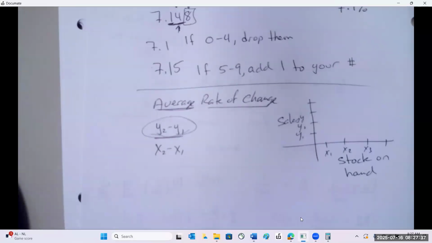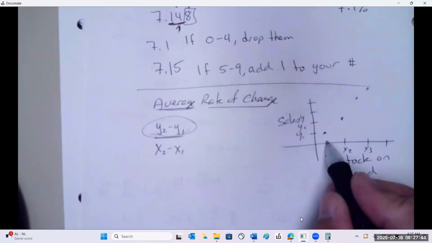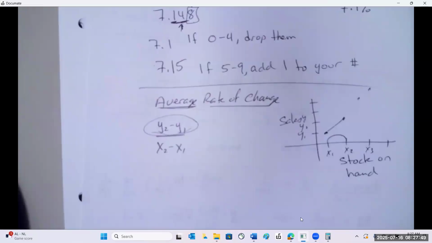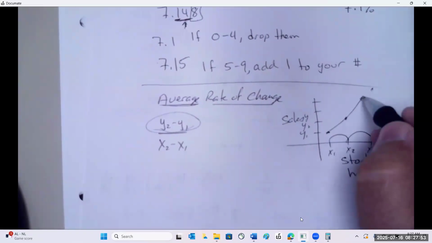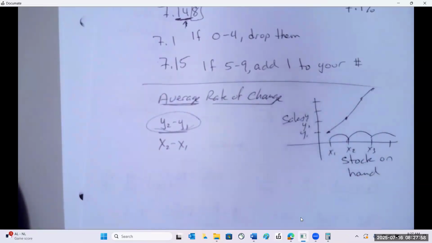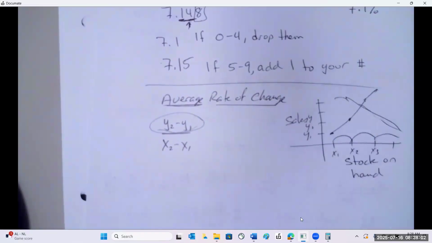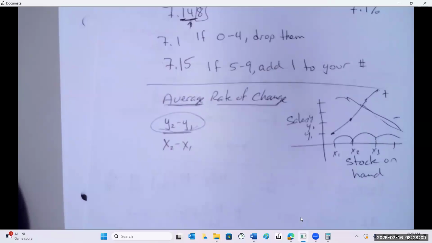The reason we call it a rate of change is because from one point to the next, it's going up. So it is a rate of change. How fast is it going up, or how fast is it going down? It doesn't have to be always positive. If it's positive, it's up here. If it's negative, it's going down.